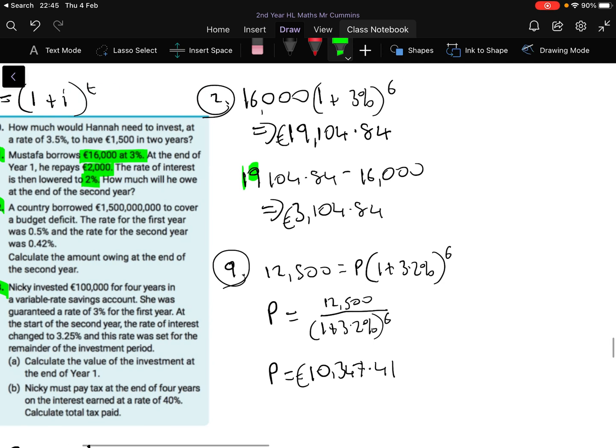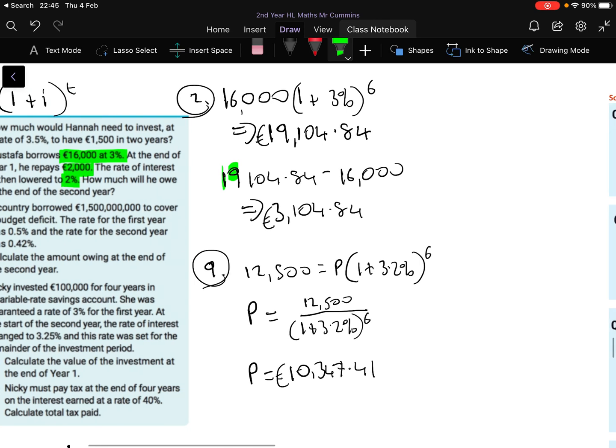At the start, he has 16,000 multiplied by 1.03, the full amount and 3%. If we multiply 16,000 by 1.03, that gives you 16,480 euros.